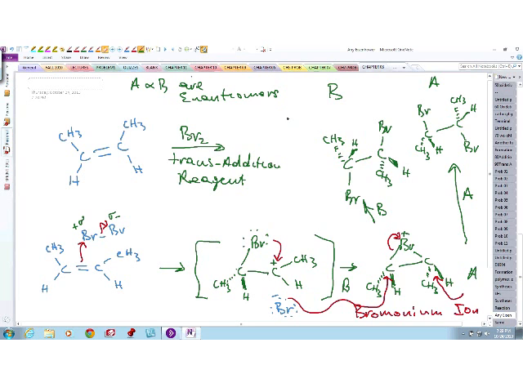The mixture is optically inactive. So you form a racemic mixture, which will be optically inactive.